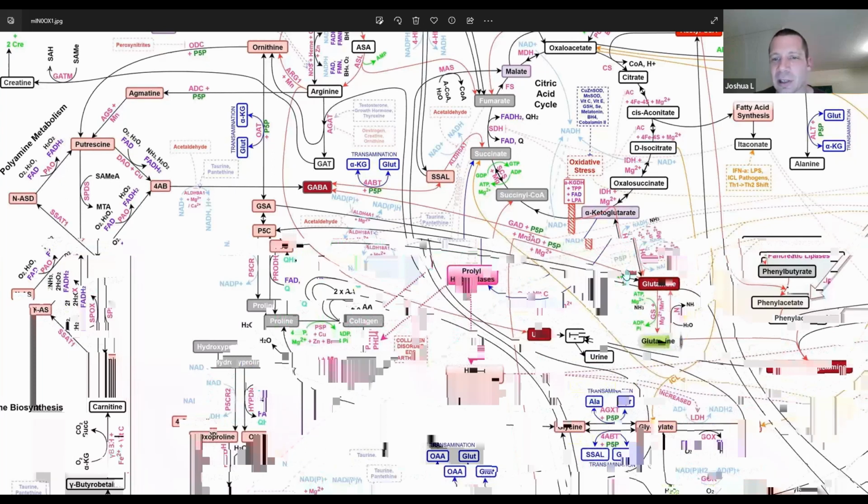And what's really interesting is if you have a look at this enzyme here, this ALDH, it converts glutamate through to P5C, pyrroline-5-carboxylate, which then can go down through another reductase into proline. And then from proline, it can go through the collagen synthesis pathway. It depends on how much activity you've got there.